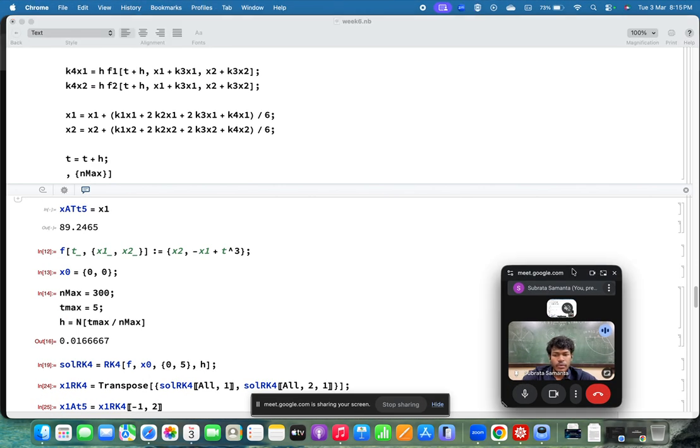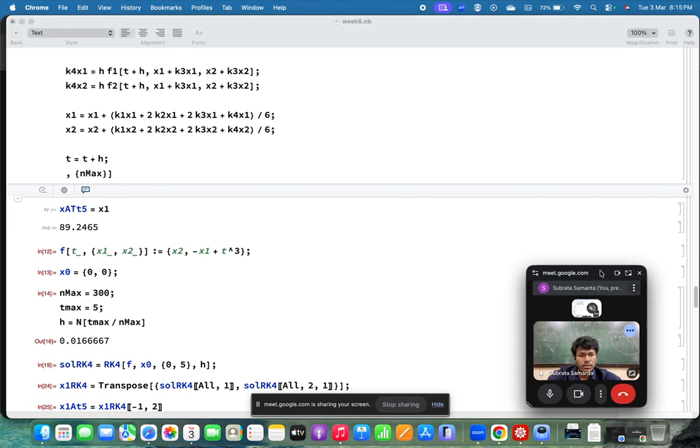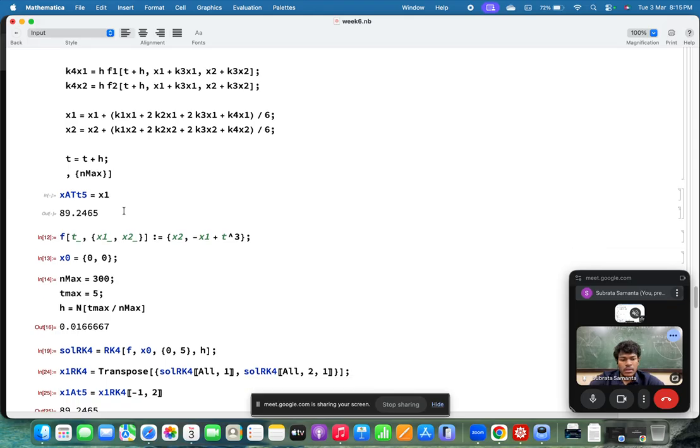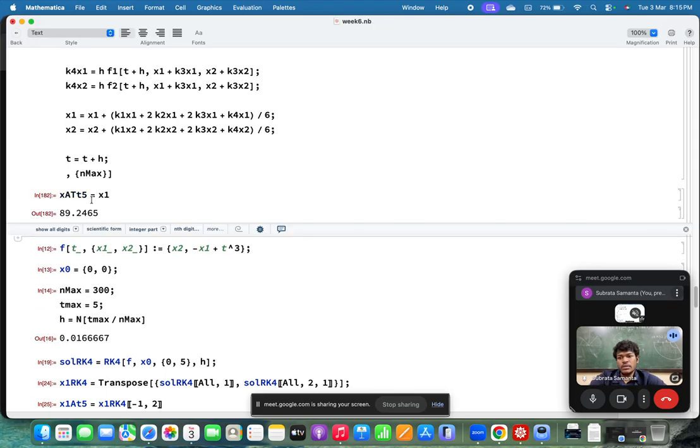You just extract the last value from this x1, and you see that this is the value of x1 at t equals 5. You can also solve using the previous methods.